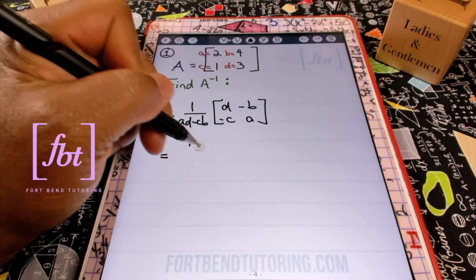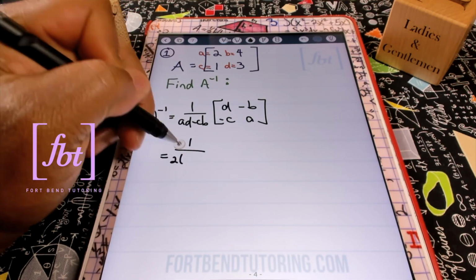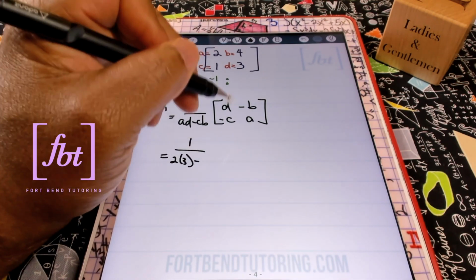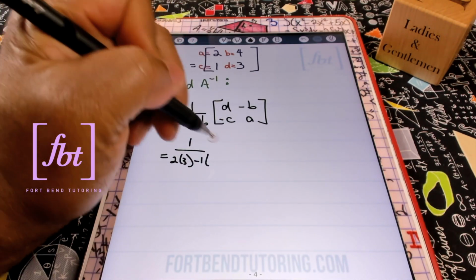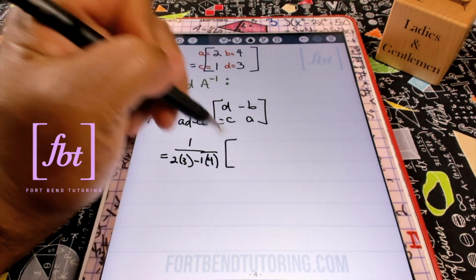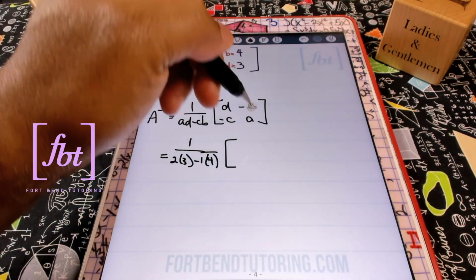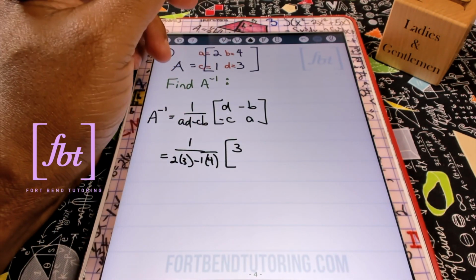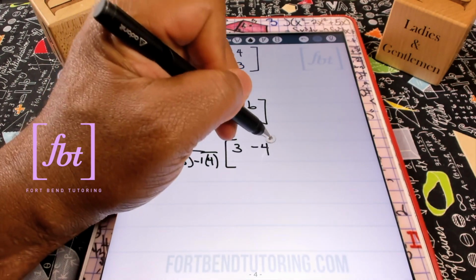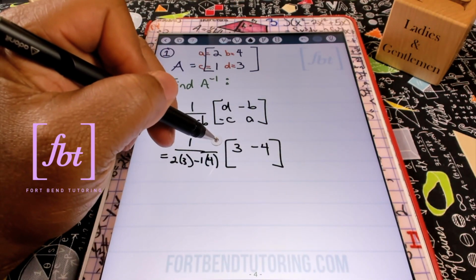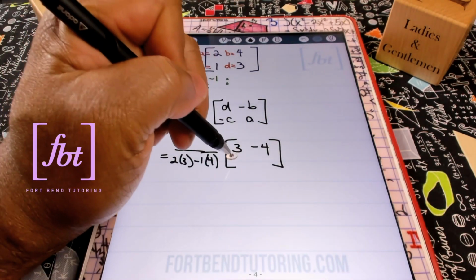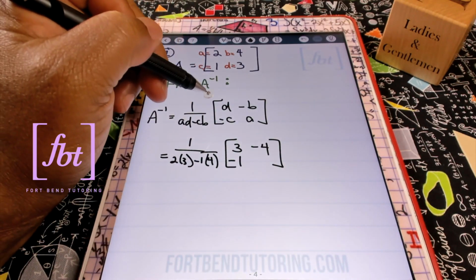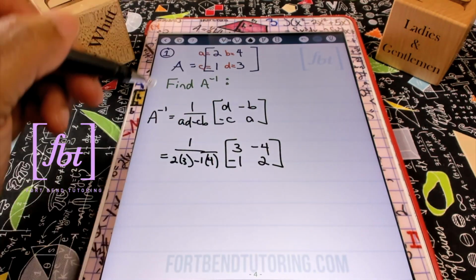We'll have 1 divided by 2 times 3 minus 1 times 4. Then we'll multiply that by the matrix where we have elements D, which is 3, and then the opposite of B, which is negative 4, and also negative C, which gives us negative 1, and then of course our value of A, which is 2.